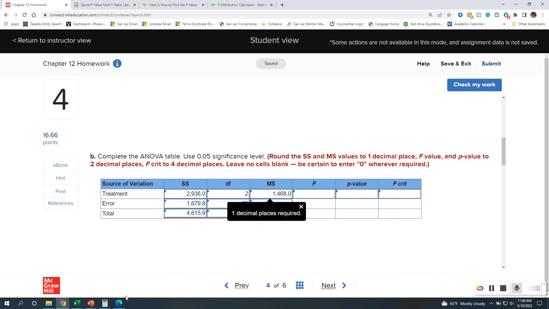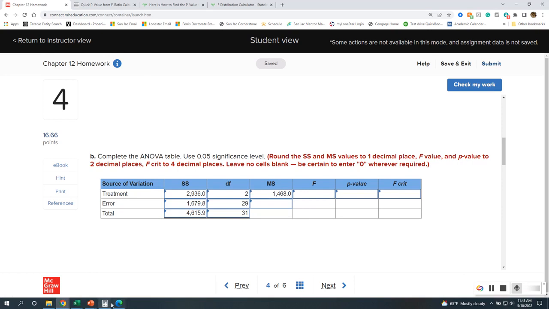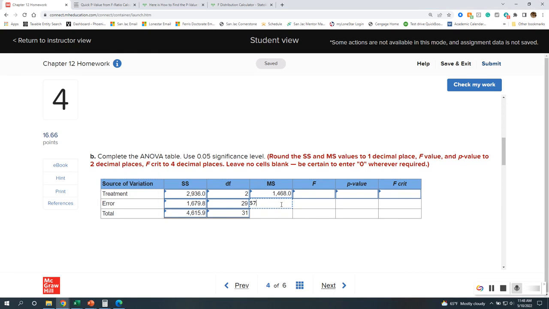And 1679.8 divided by 29. We're at 57.9.